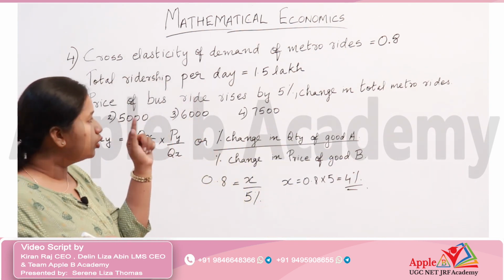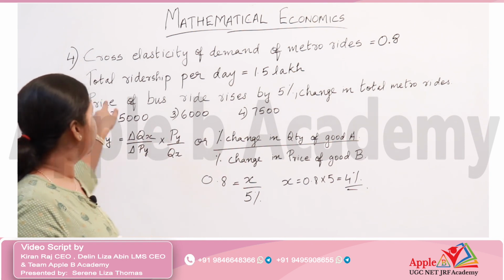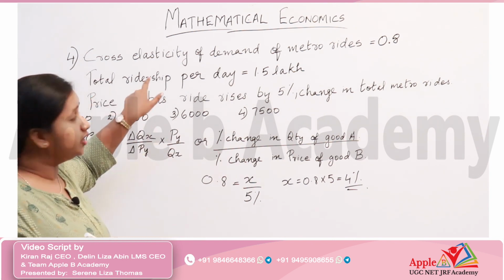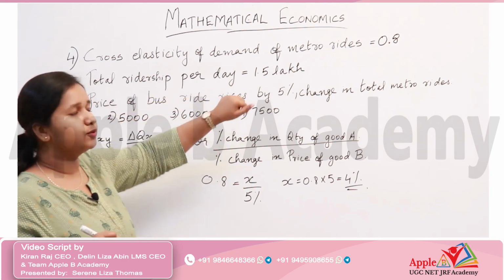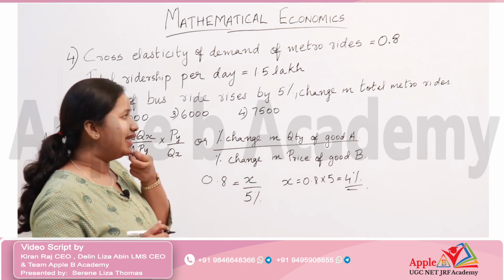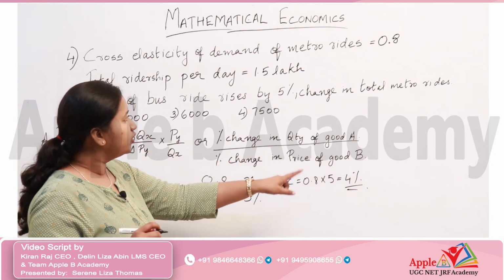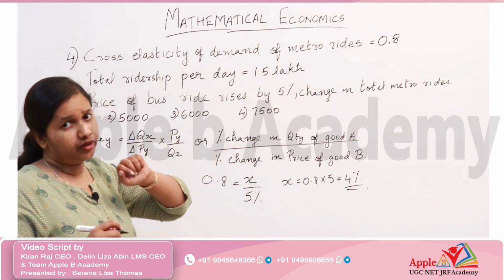Now the question is, we need to find the change in total metro rides. In the question it is given that total ridership per day is 1.5 lakh. So, the change in metro rides is 4% of 1.5 lakh.